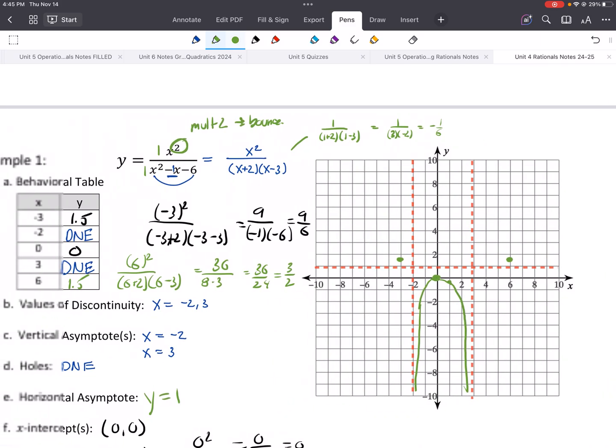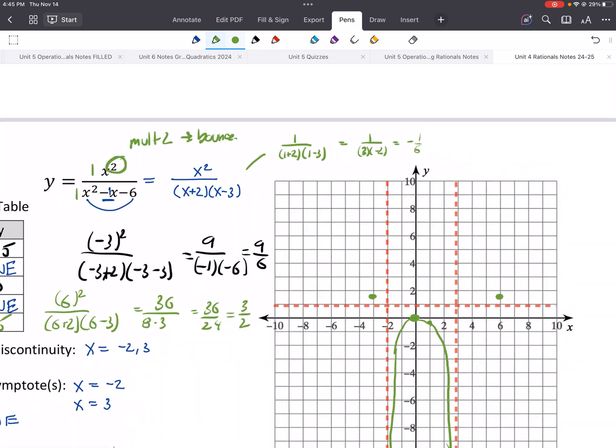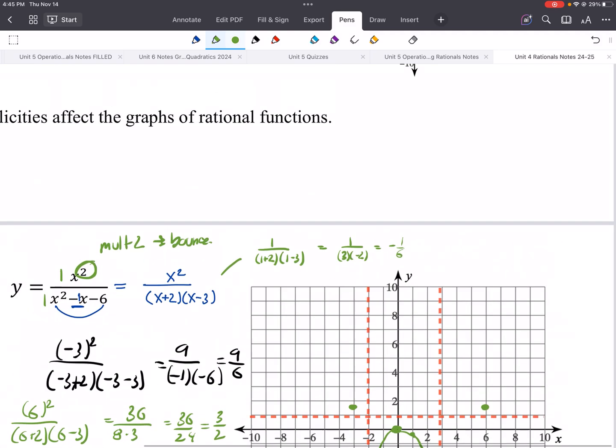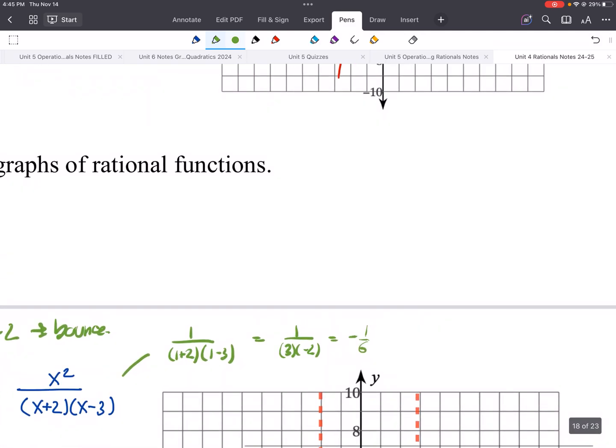Okay. If there is a multiplicity on the bottom, then the ends at the asymptotes are going to go the same direction. So let me give you a quick little sketch right here.